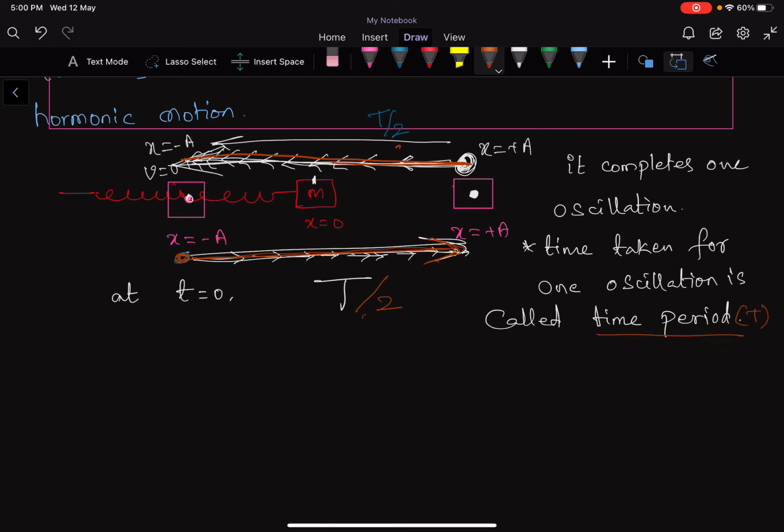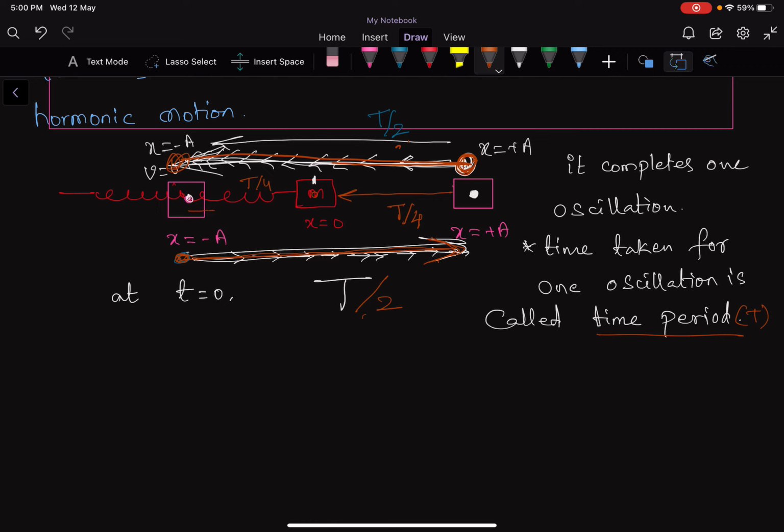Time taken from positive extremum to negative extremum is T by 2, and time taken to move from positive extremum to mean position is T by 4. Time taken to move from mean to negative extremum is T by 4.